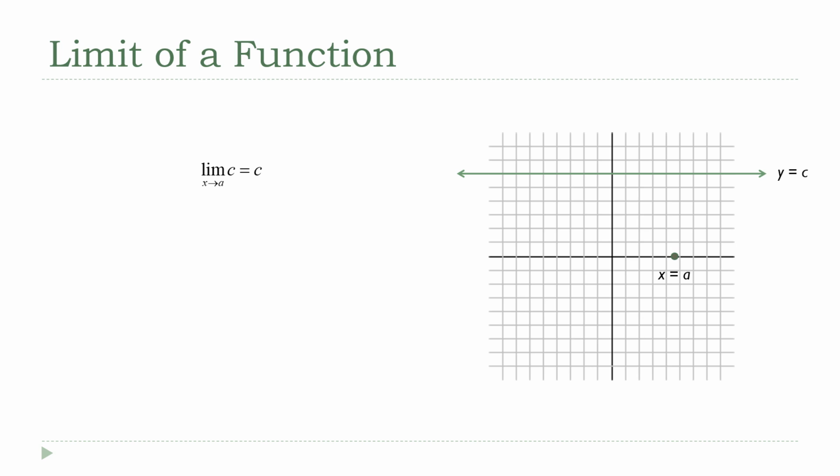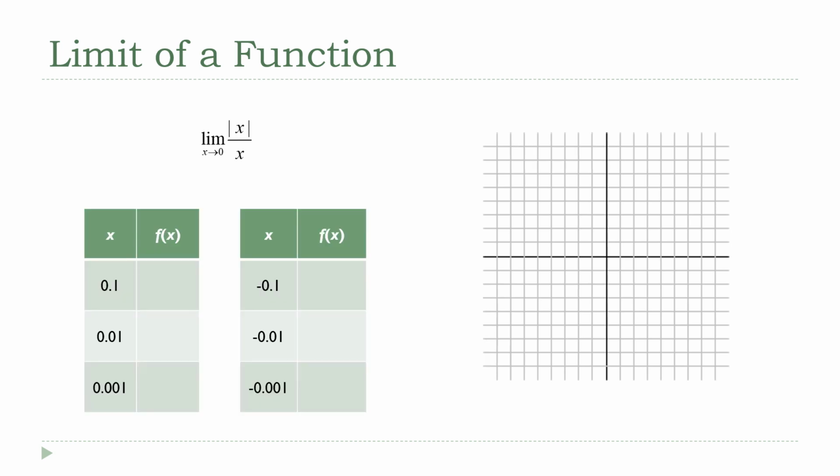I can pick any point, not even necessarily one close to a at this point, but let's pick something close to a. That point gets mapped to y equals c. Every point does. Every point gets mapped to that same y value, so that's going to be my limit. Right? Every point that's close to a gets mapped to a point not just close to c, but literally is c. So that's going to be the limit of a constant.